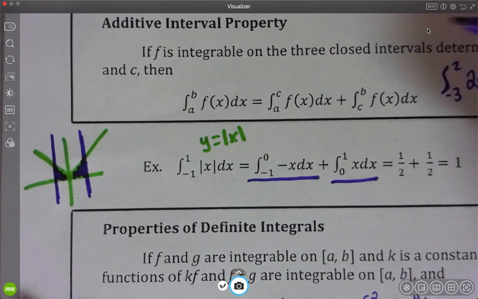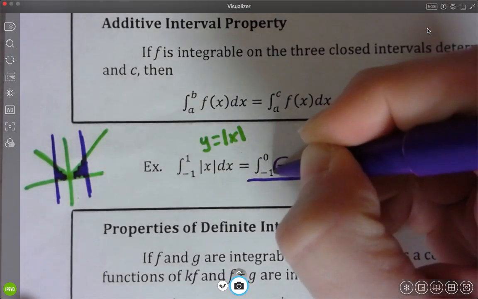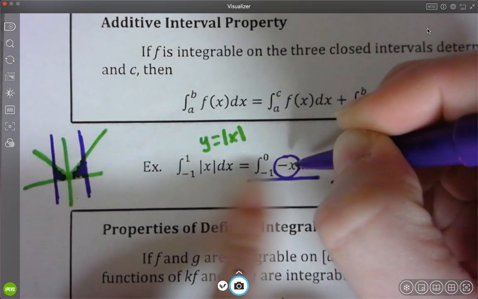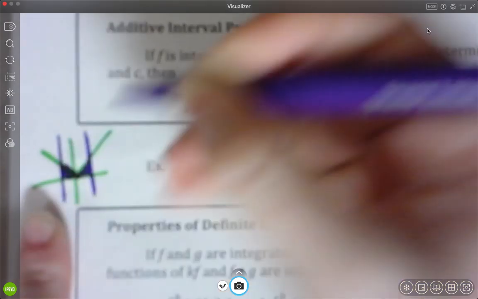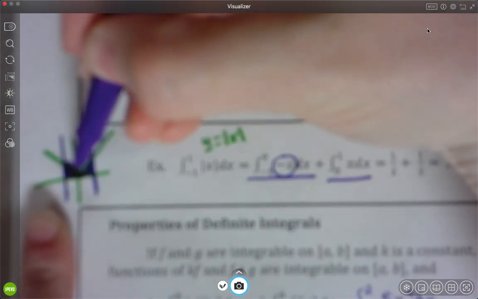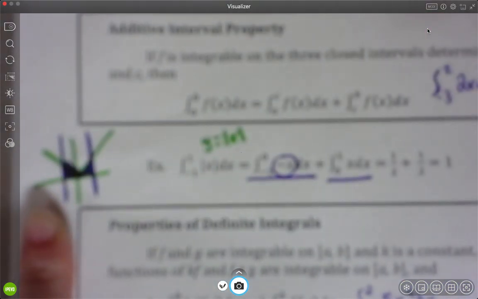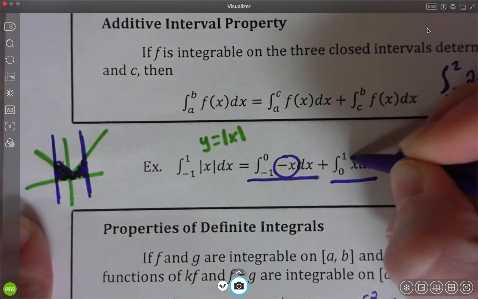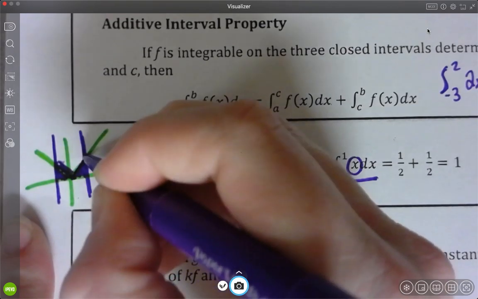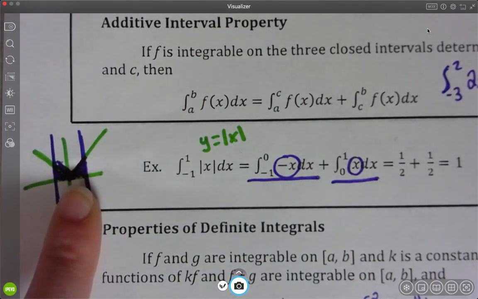But instead of writing the absolute value, notice how they changed it. They made it -x on this side, from -1 to 0, because it is -x. It's going downhill, from here to here. Okay, from 0 to 1, it is a positive x. That's what the absolute value function kind of looks like. Positive x from 0 to 1.